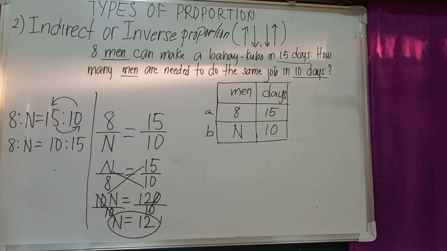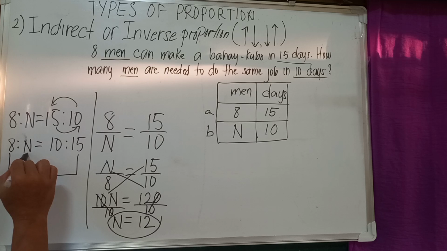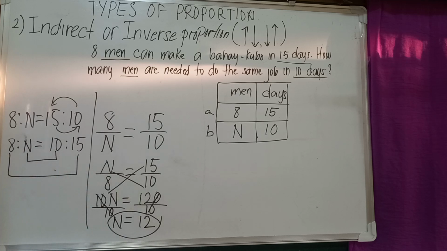Okay? Colon form. Of course, we have the extremes and we have the means. Multiply the extremes, multiply the means. So, extremes is 8 times 15, that is 120.